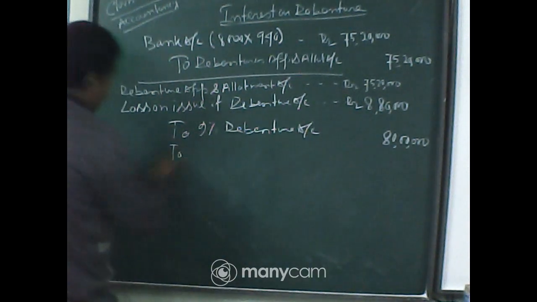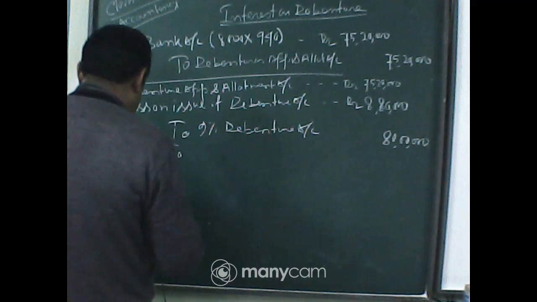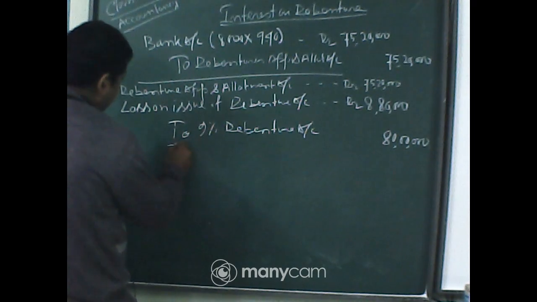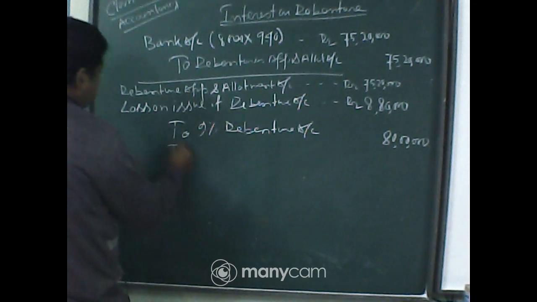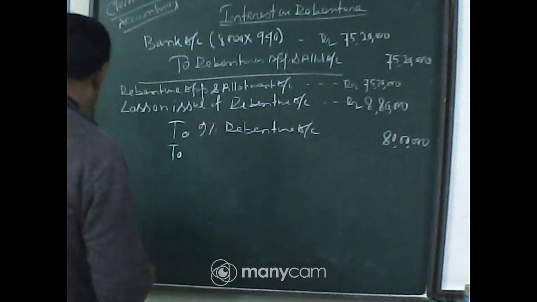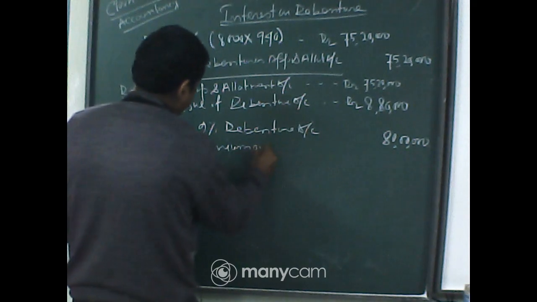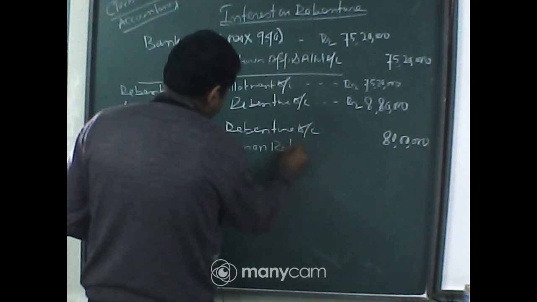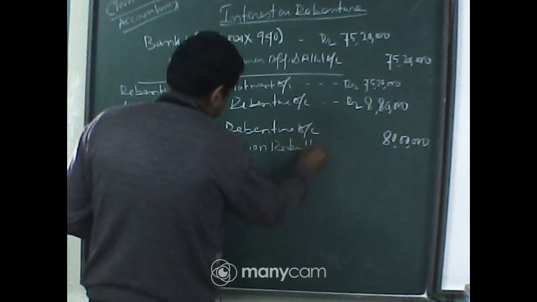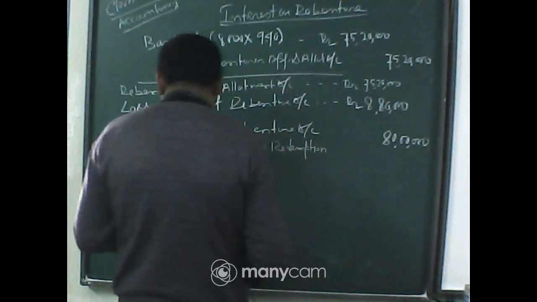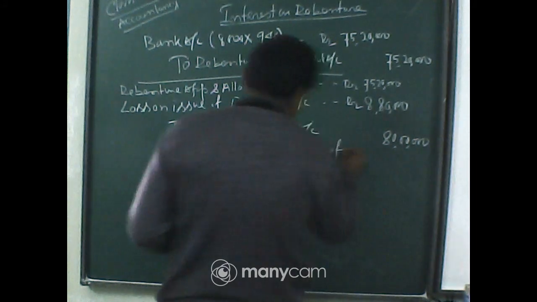Now you have to make an account whenever you redeem at a premium, that is premium on redemption. So premium on redemption account we have to make as a liability for debentures.